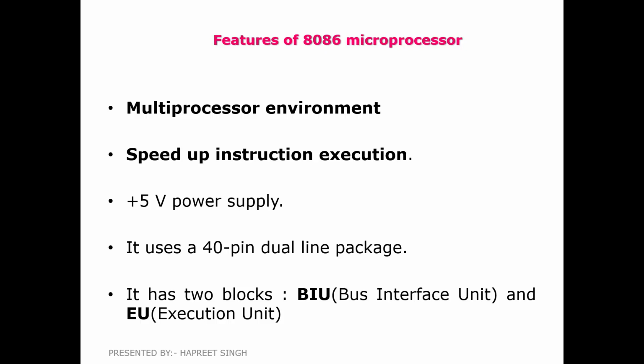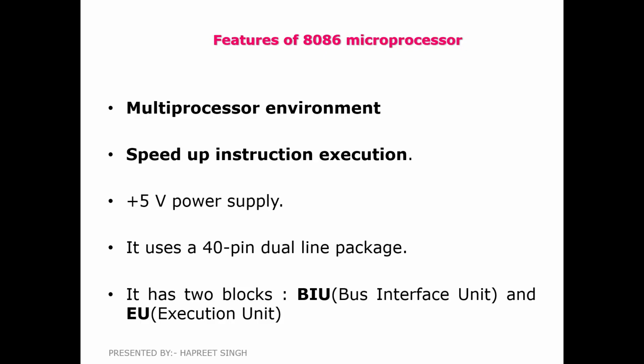Next is speed up of instruction execution. It can fetch up to 6 instruction bytes from memory and queue them to speed up instruction execution. That's why the 8086 microprocessor contains a priority queue of 6 bytes. It requires a 5-volt power supply to operate and has a 40-pin dual in-line package. The 8086 microprocessor has 2 blocks, that is the bus interface unit and the execution unit.